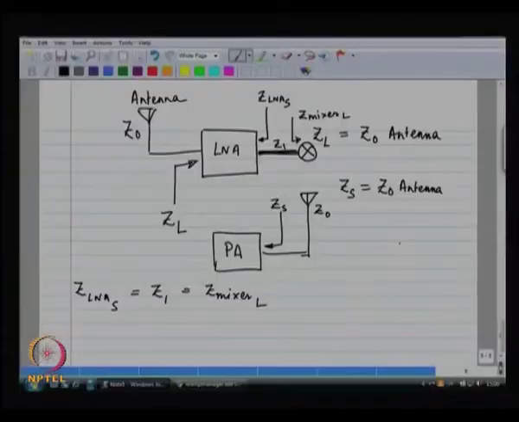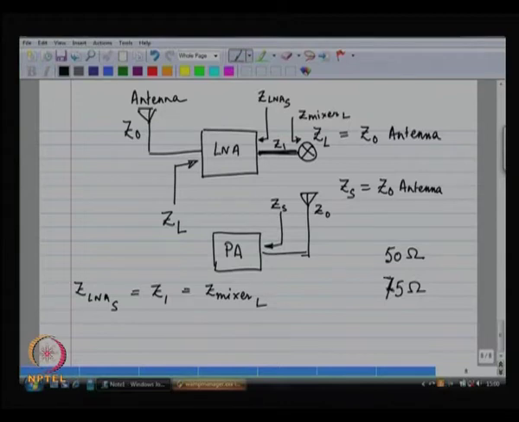Right. So, a typical number that you will hear about from many different people, or if you have visited the market, you would hear about them. A typical number for the characteristic impedance is 50 ohms. Another typical number for characteristic impedance is 75 ohms.